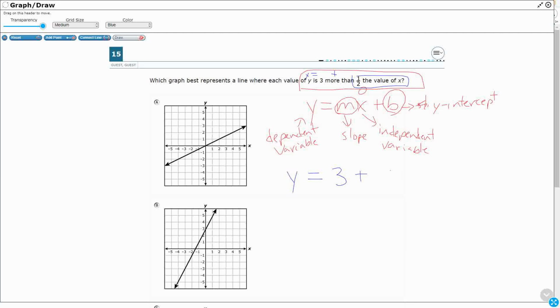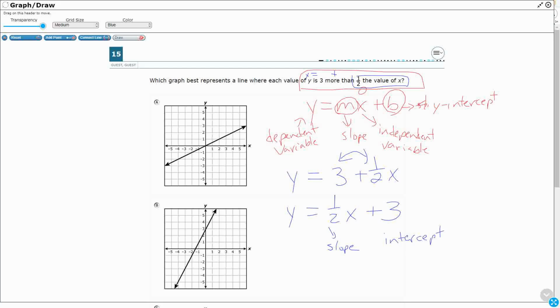There's x, and I need to take half of that, so that means I need to multiply. Let's use the commutative property of addition and flip those. Y equals 1/2 x plus 3. Now we've got it in slope-intercept form, where this is our slope, 1/2, and this is our y-intercept.